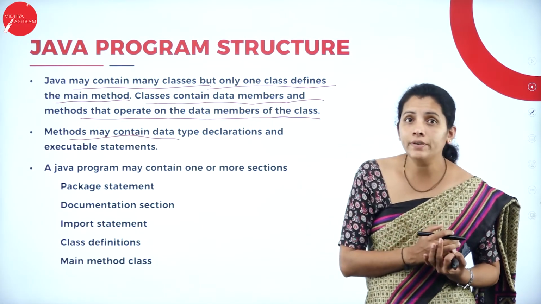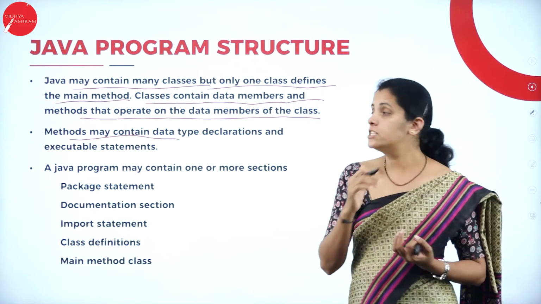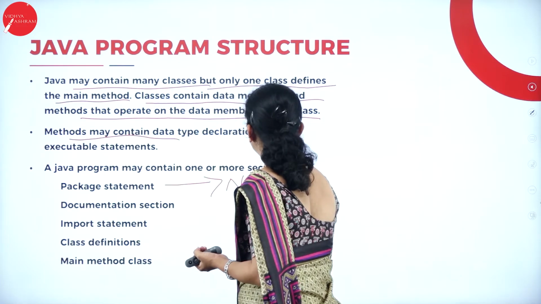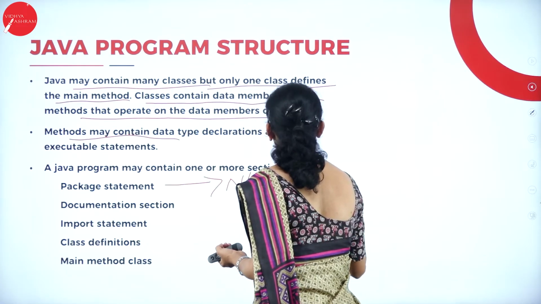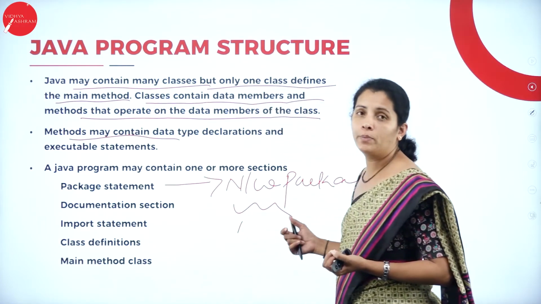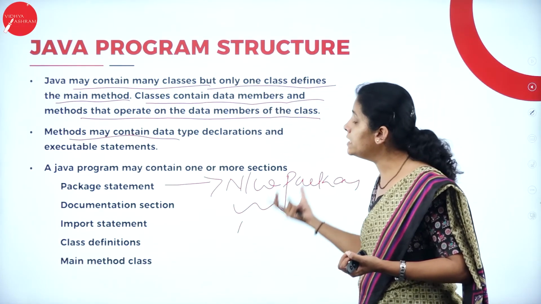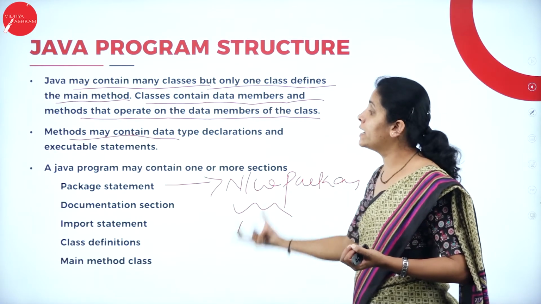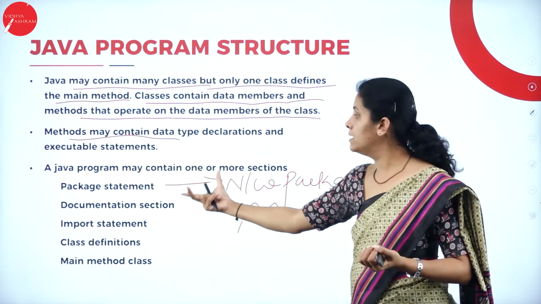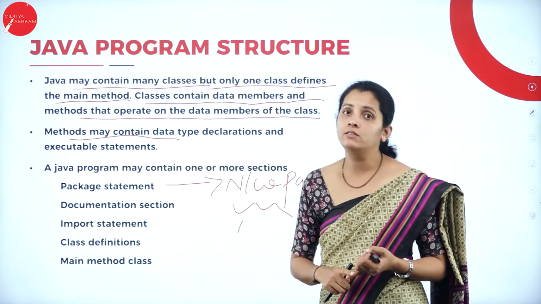Then what are the different kinds of package statements we are going to have? That is the network package, utility package, input output package. So these are certain packages we can include in our package statement. Then what is the documentation section?